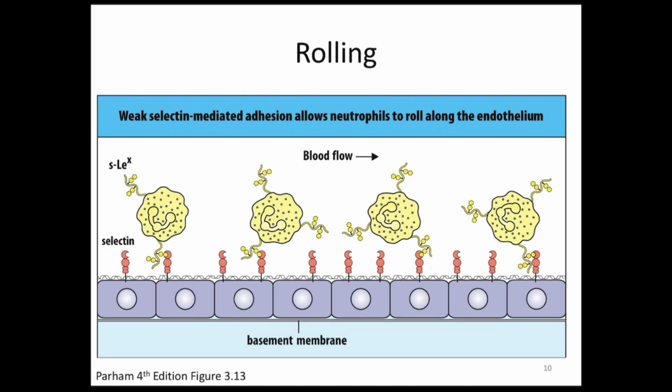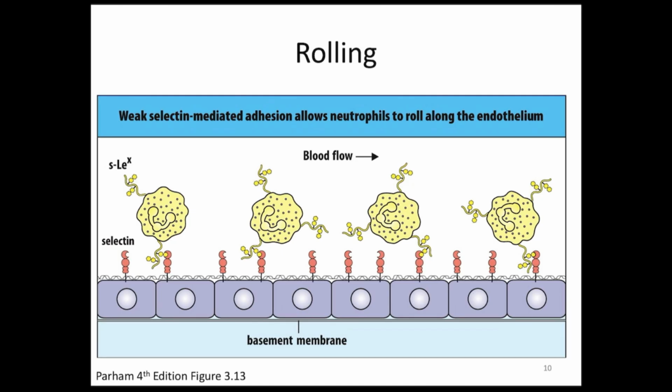And you can see that the cell will sort of get pulled over. This won't be strong enough to sort of hold the cell there. The blood flow will keep pushing the cell, so the cell will keep moving along with the blood flow, but it's just going to keep catching over and over again on these selectins, which are basically pulling it over and slowing it down for this rolling step.